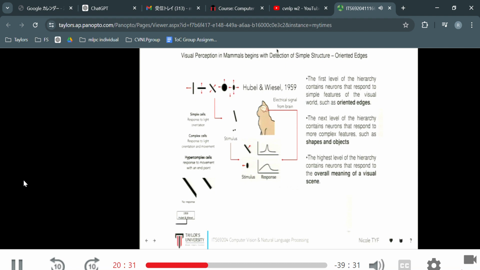So then, also in the 1970s, there are also advancements where people are looking into object recognition through parts. What they are trying to do is to represent objects like humans into shapes and geometric configurations.